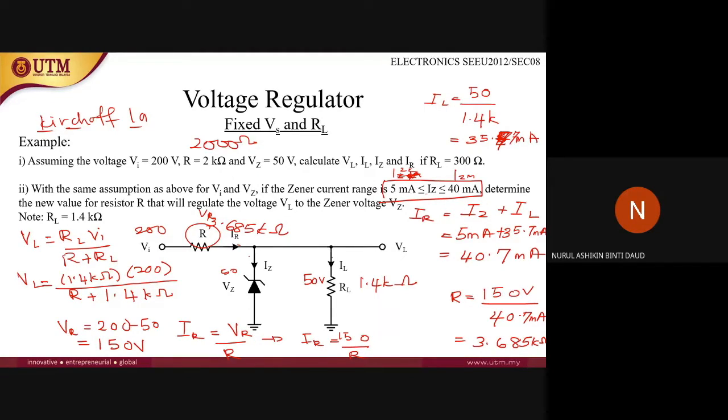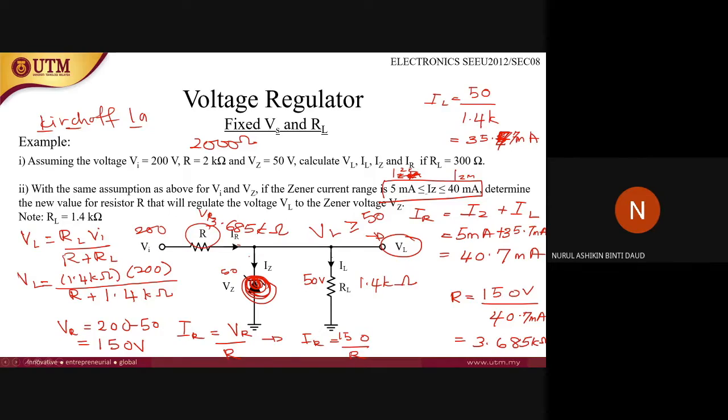Because in order for the VZ to operate, the condition is that VL should be bigger than or the same as 50.